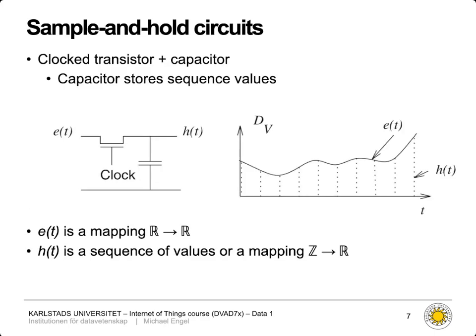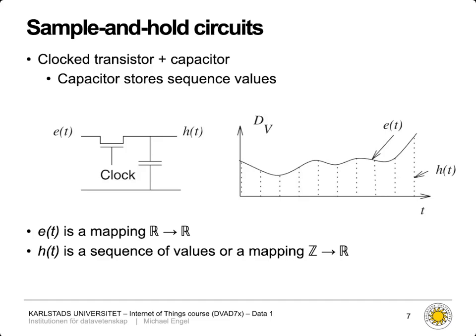How does this work? So here we're going a bit into very simple electrical engineering. So essentially what we want is we want a signal which is a voltage. And we see this on the right-hand side here. So this black line is just our continuous signal from a continuous time domain to a continuous value domain. So we have t on the x-axis and our values on the y-axis.